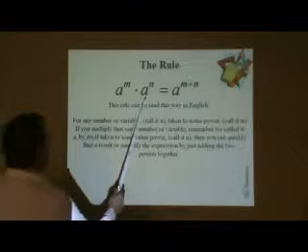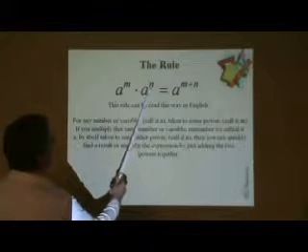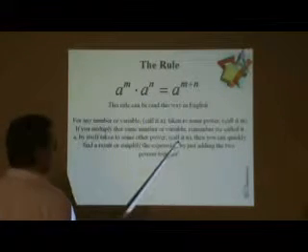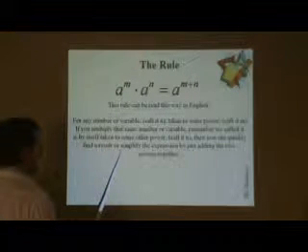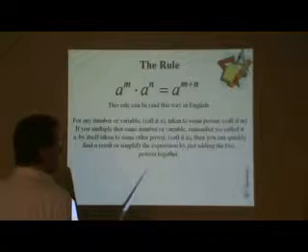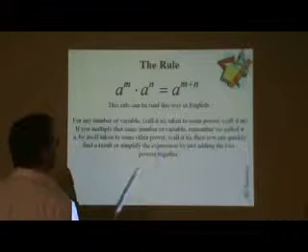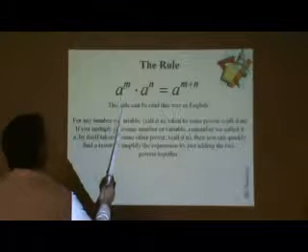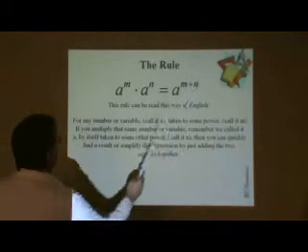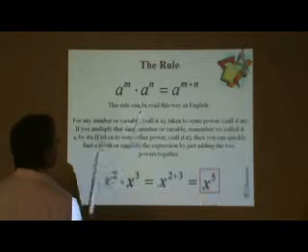So we're having that same number taken to the n power, some other power. Then you can quickly find the result, or simplify this expression, just by adding the two powers together. That's all you have to do. Look at that number, add it to that number, and you'll get a result. That'll be your final answer.